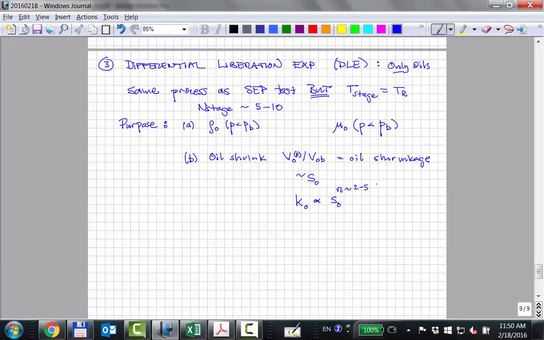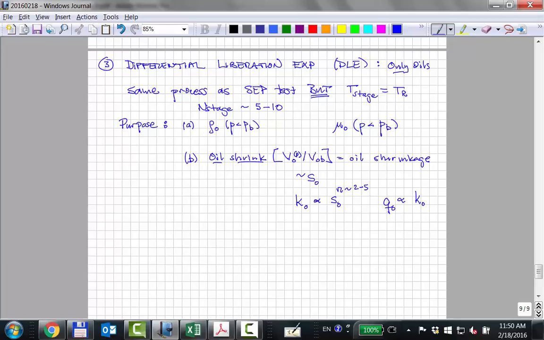That's a big deal. Oil rate, which pays your salary, is directly proportional to k_o. So you'd like to know how the oil shrinks, and they measure how the oil shrinks.